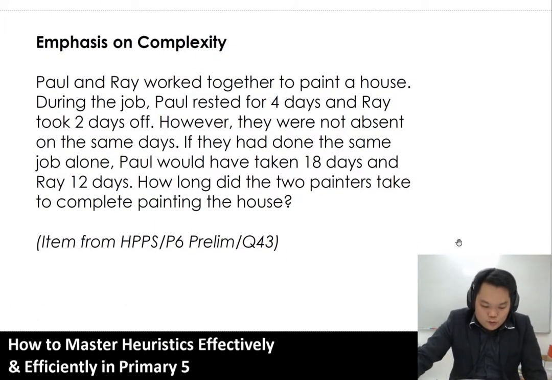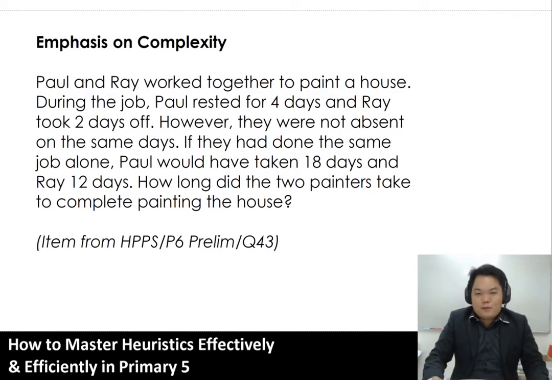Now, they also emphasize on complexity. Non-routine problems like to do this. Now, you see that Paul and Ray worked together to paint a house. During the job, Paul rested for 4 days and Ray took 2 days off. However, they were not absent on the same days. If they had done the job alone, Paul would have taken 18 days and Ray would have taken 12 days.